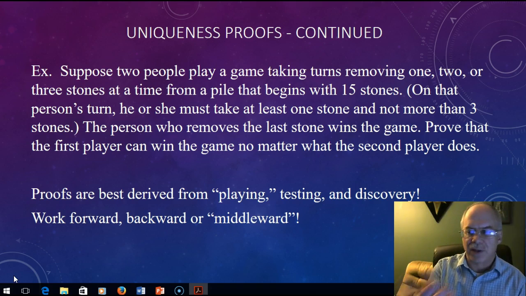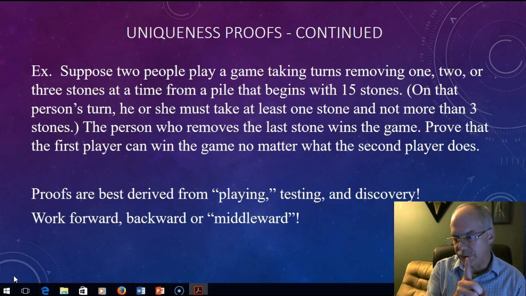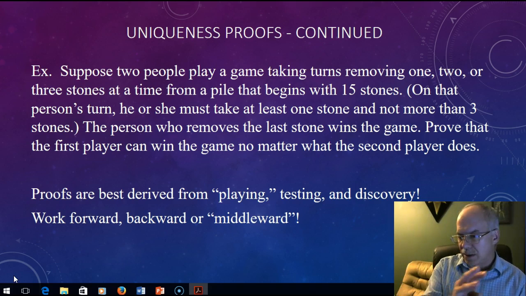So let's say the next guy chooses 1 stone, okay, so now there's 11. Well, just pick 3 stones again, so that'll make 8, which is a multiple of 4. So you're always trying to make a multiple of 4 left over. Now, if the person going second had chosen 2 stones, then there would be 10 stones.